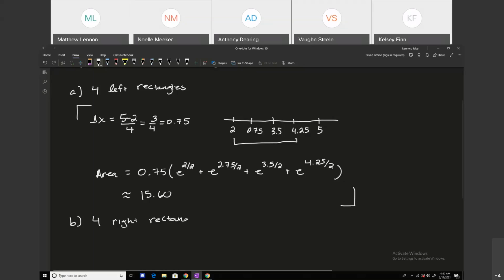So we have already established our delta x and our interval, but for the right rectangles, we'll be starting at 2.75 and finishing at 5. So this is what we're using for the left, and for the right, we'll be using these points.